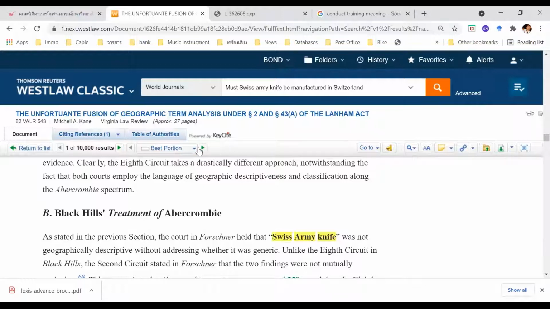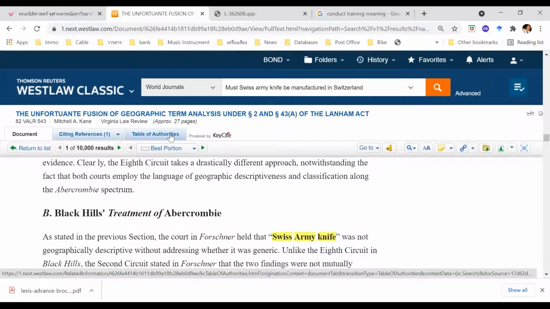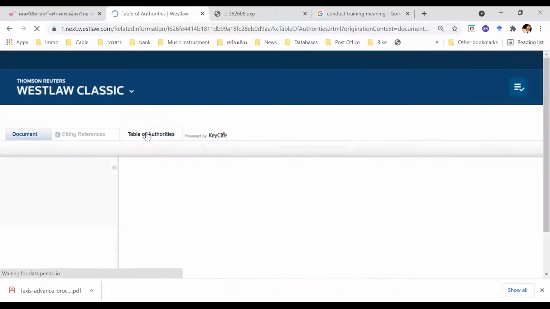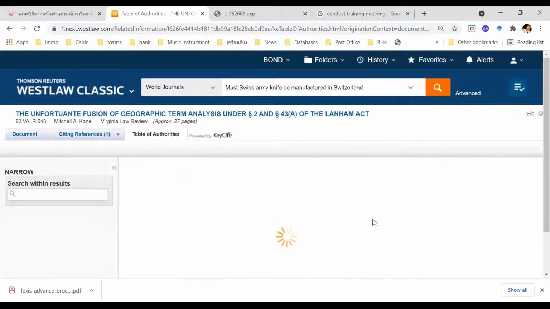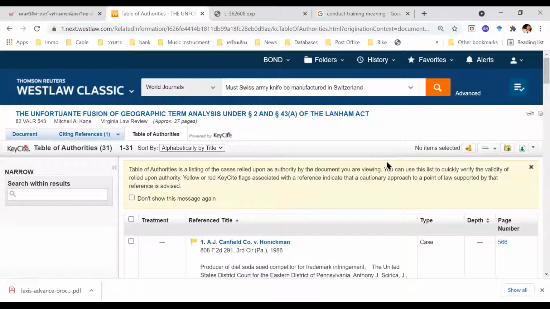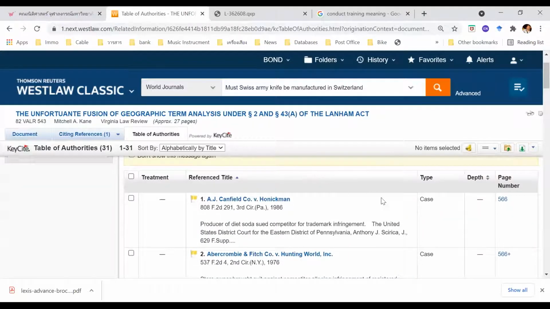So Westlaw provides you the table of authorities. The idea is the reference list. You just click on this title, table of authorities. Westlaw will give you and group the references for you. The group of references for this type, the cases.